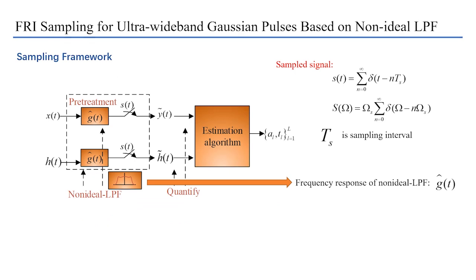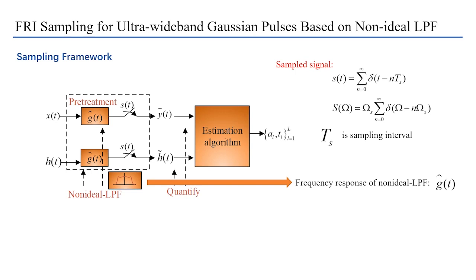The proposed FRI sampling framework is shown in the figure, and it has two parallel channels. Each channel is divided into a non-ideal filtering stage, a low-rate sampling stage, and a quantization stage, after which the unknown parameters are recovered using estimation algorithms.